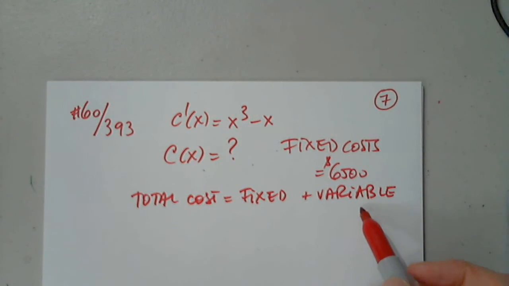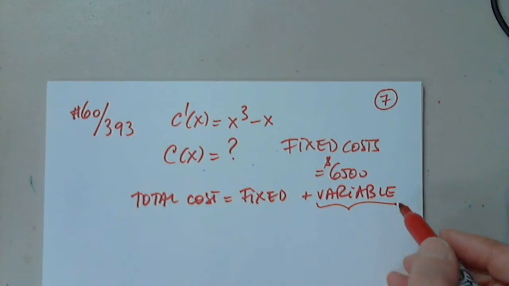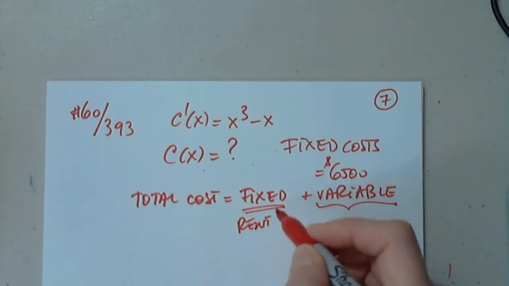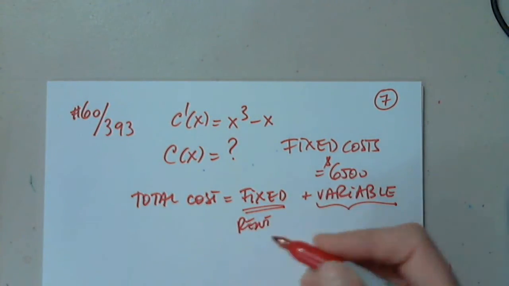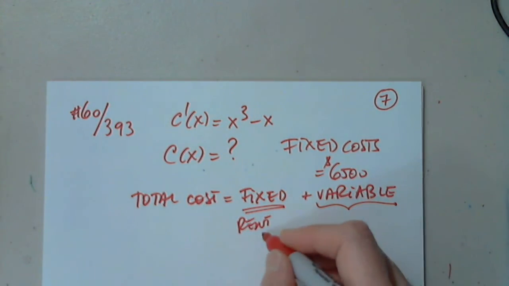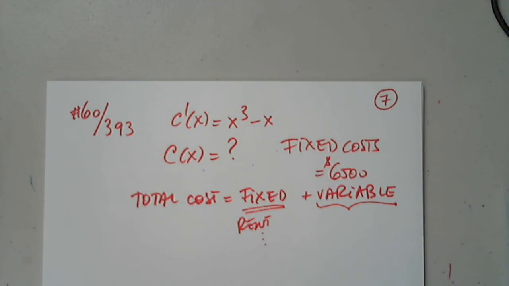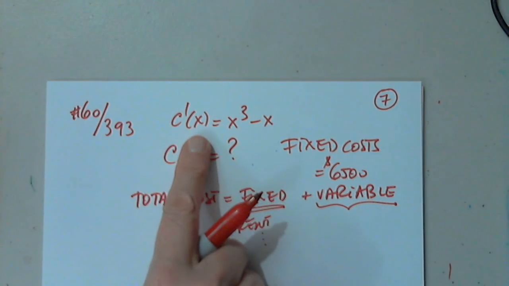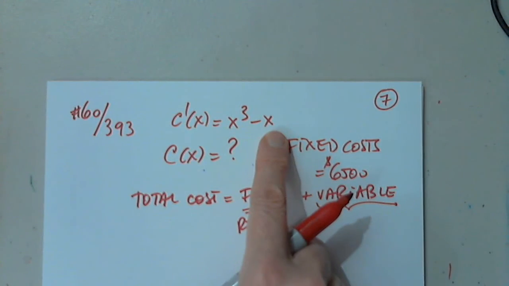So variable means it depends on the number of units we manufacture. But this one is like rent, electricity for the offices, and so on and so forth. It doesn't depend on the number of units we manufacture. So X is the number of units. This is the rate of change based on the number of units, and this is given to us.